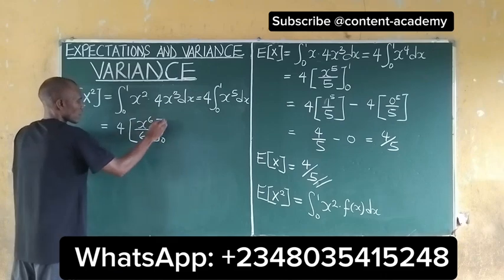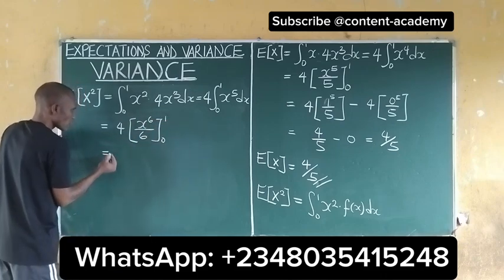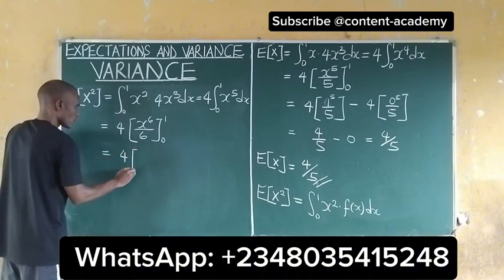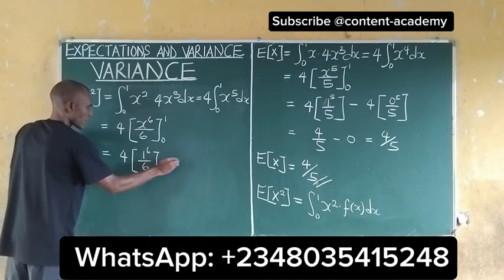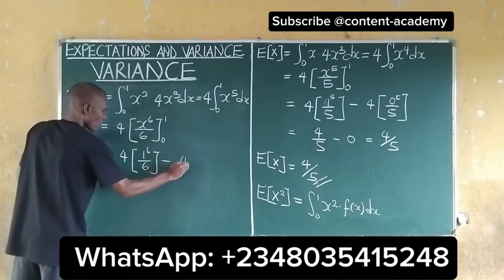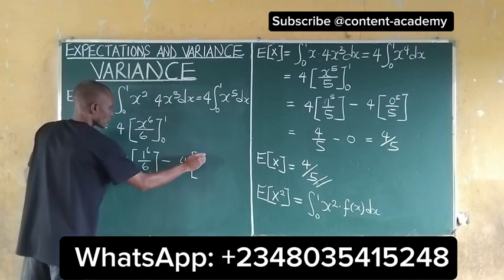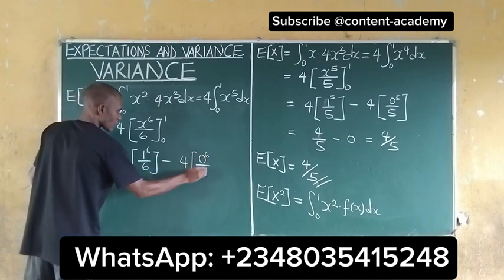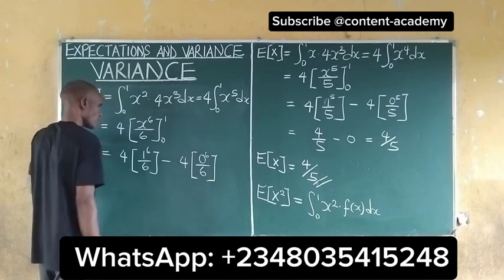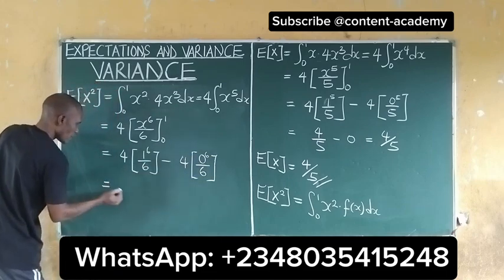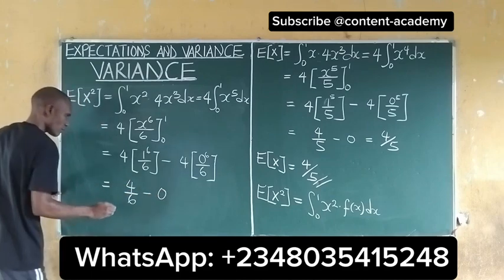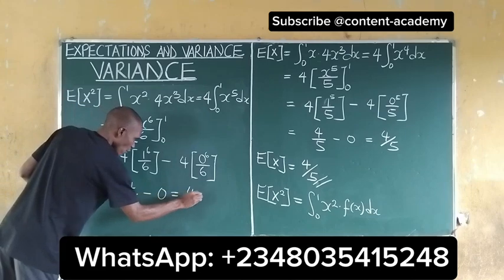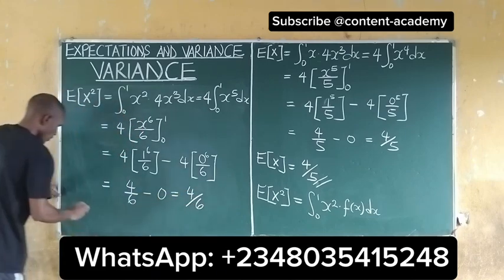We put our interval, which is equal to 4 into 1 raised to the power of 6 all over 6 minus 4 into 0 raised to the power of 6 all over 6. This is what we get. It then means we'll have 4 all over 6 minus 0, which is equal to 4 all over 6.